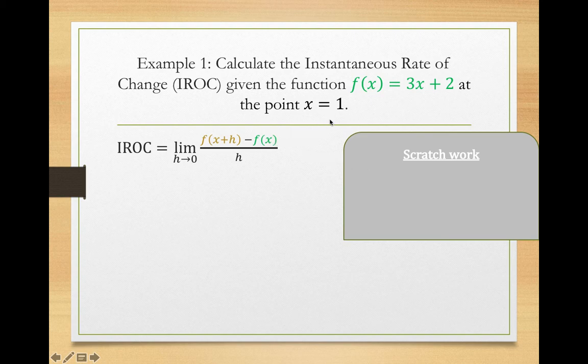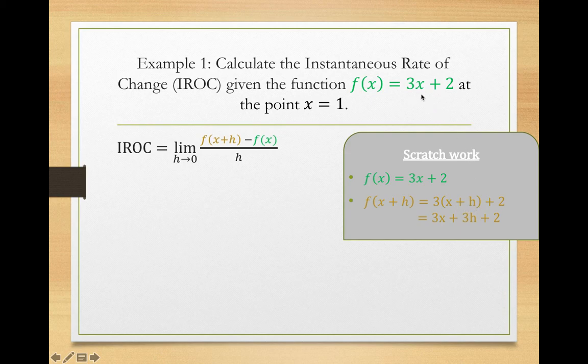Well, the cool thing is we already know what f of x is. Take a look. f of x is just 3x plus 2. Great, so we have one component. We still need this one. So what is f of x plus h? What you do is this x plus h is substituted in for this x. Notice how instead of x, I put x plus h.